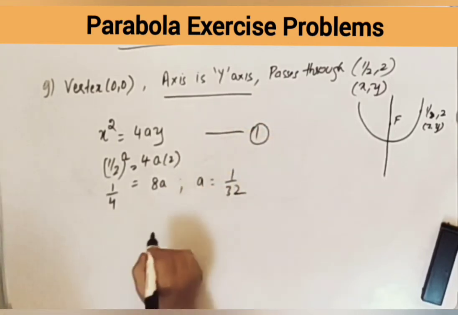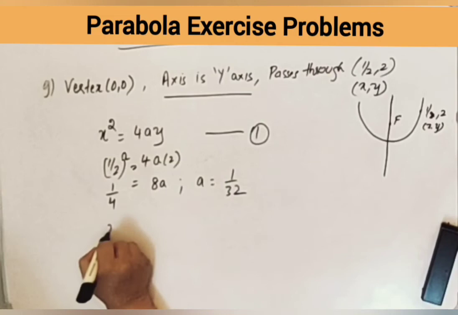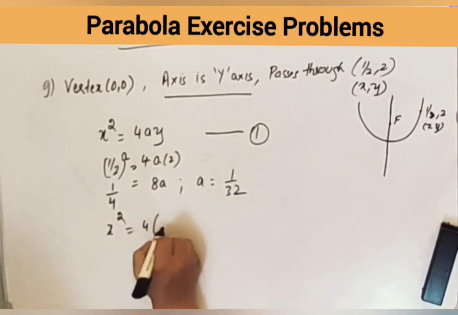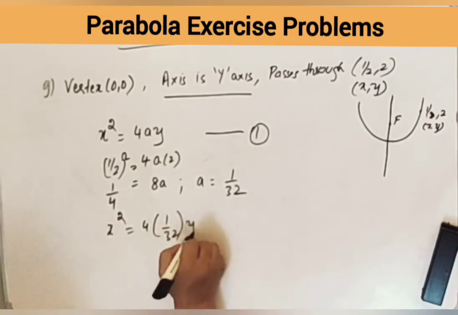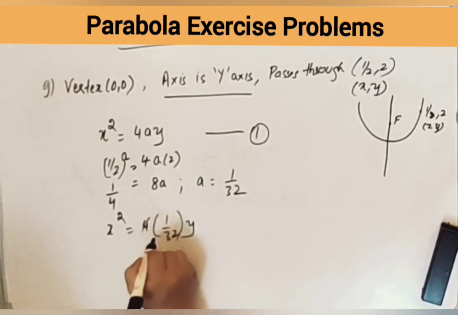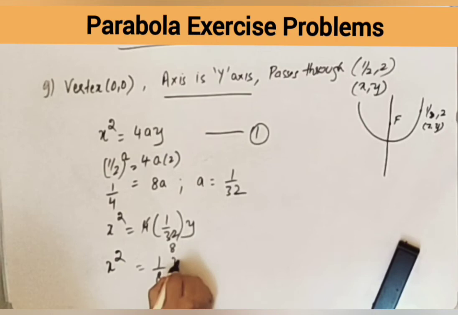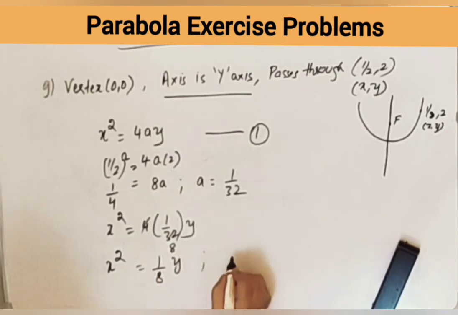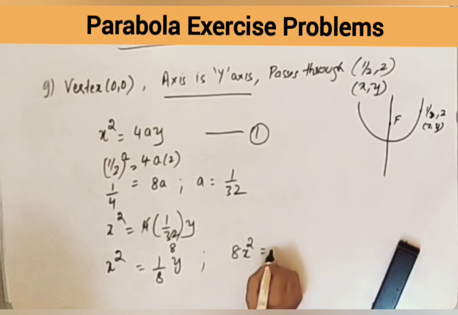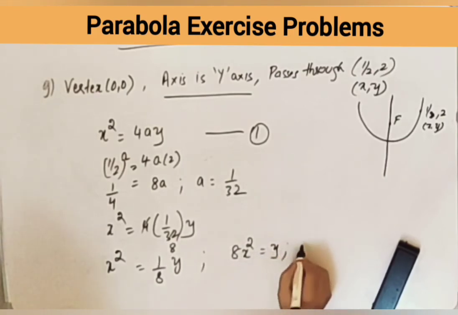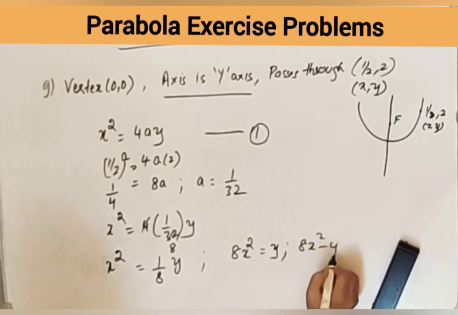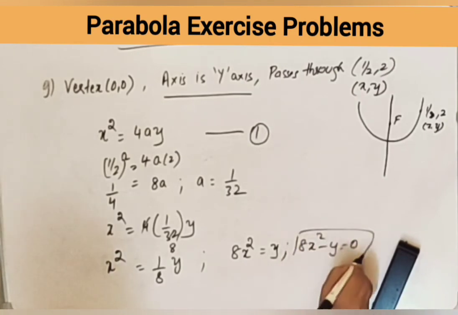Now let's substitute a in this equation 1. We get x square is equal to 4 into 1 by 32 into y. So x square is equal to 1 by 8 into y, which is nothing but 8x square is equal to y. 8x square minus y is equal to 0.